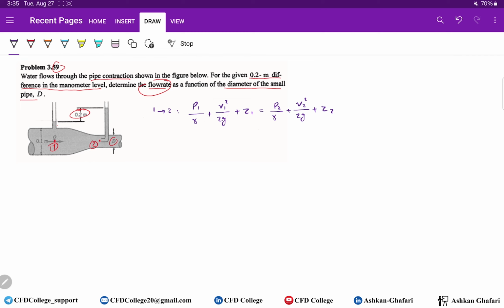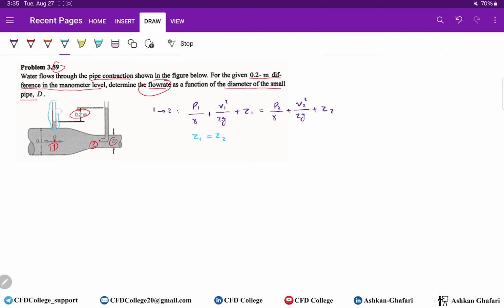Okay, what do we know? We know that the elevation is constant between point 1 and point 2 because the pipe is horizontal. So z1 equals z2. But what about pressure or velocity? You can see here we have two different types of manometers.